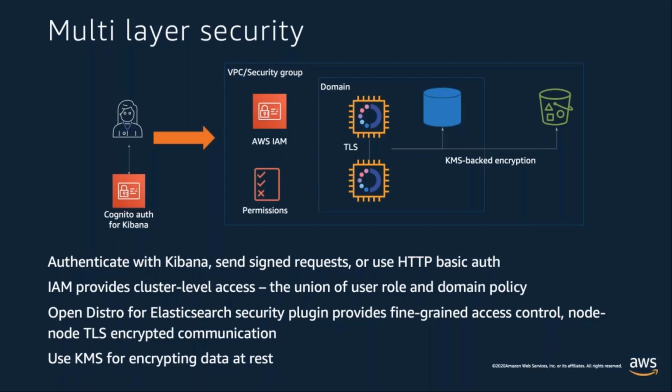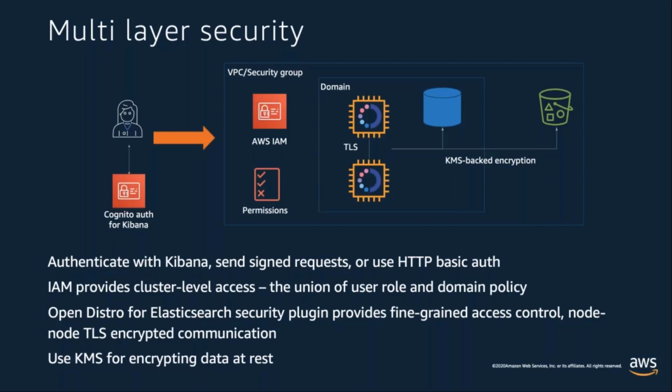Internally, the Open Distro plugin manages a database of users for the basic auth, and you also can map these IAM roles onto those users. The security plugin has a suite of permissions that allow you to control access to indices, access to performing actions that are more administrative in nature, and allows you to go down to the field level for access control.